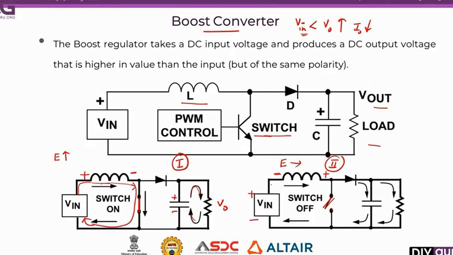Now these two, if you see here, this voltage source and the inductance are connected in series. As they are connected in series, the stored energy discharges through this diode, through the capacitor, and also through the load. So when the stored energy discharges, this capacitor will be charged.